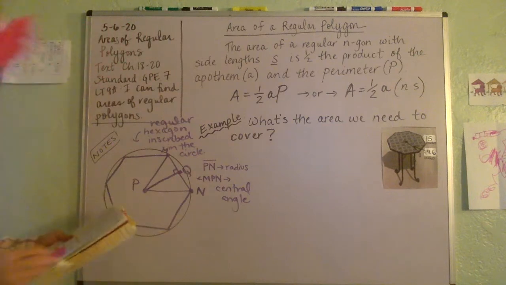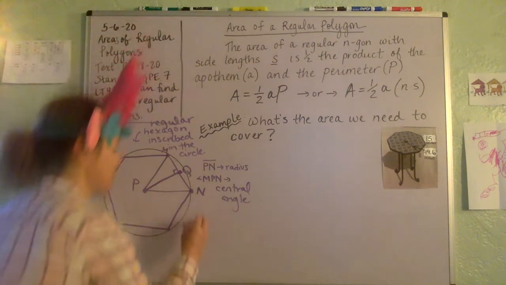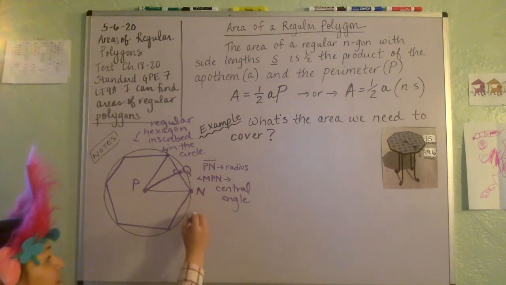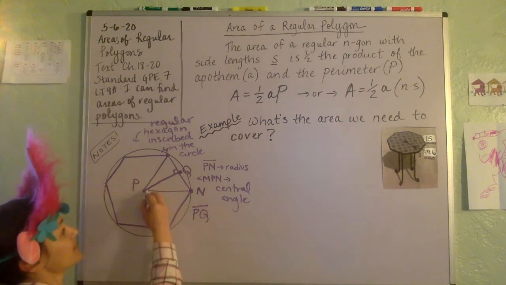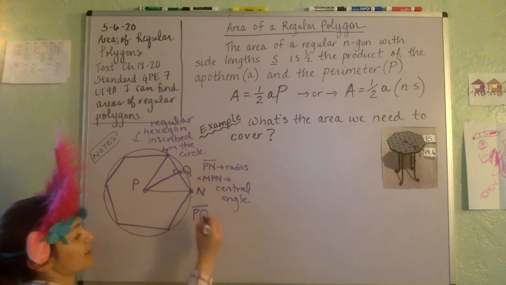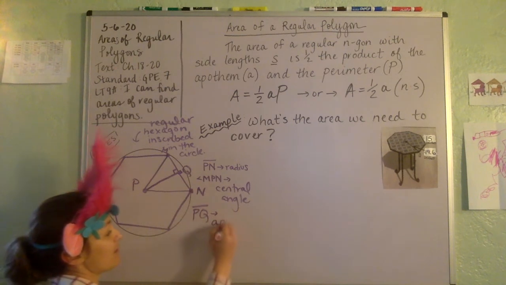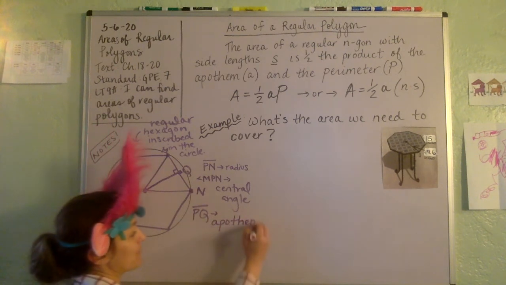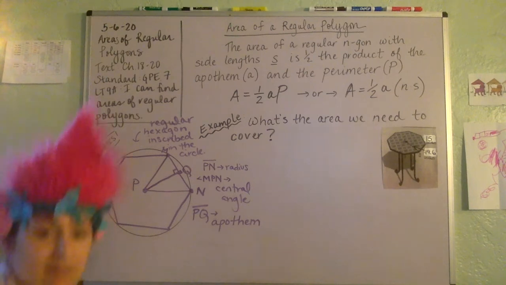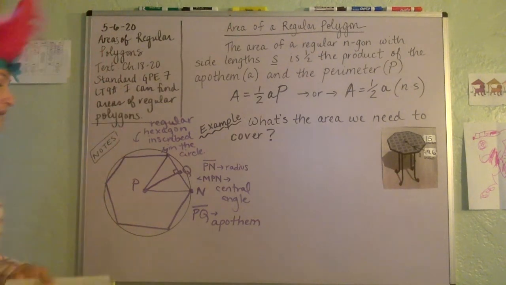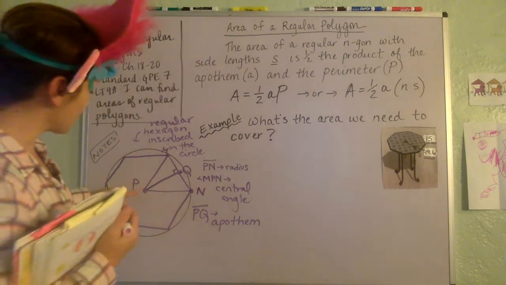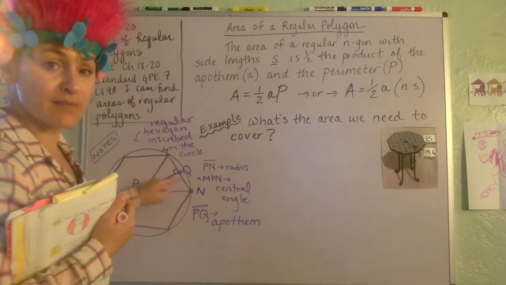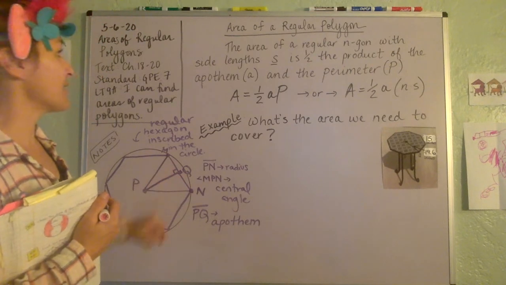And then we also have a new term here, from P to Q. That line that goes from the center to the middle of one of the sides, that's what we call the apothem. Some people pronounce it differently. I call it the apothem. You might hear it pronounced differently on other videos if you check. But that's the shortest distance from the center to the middle of one of the sides.